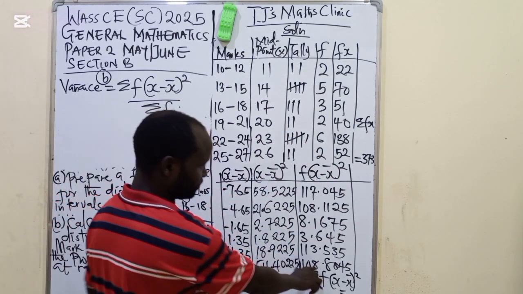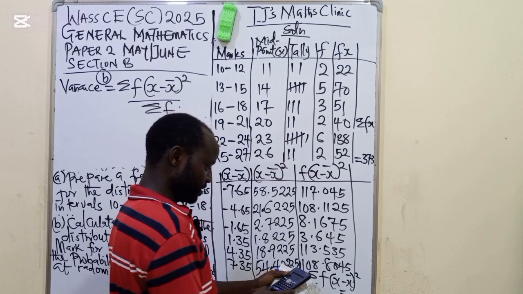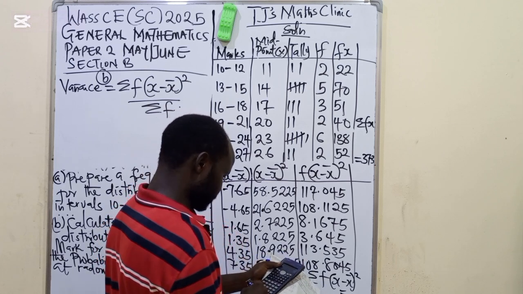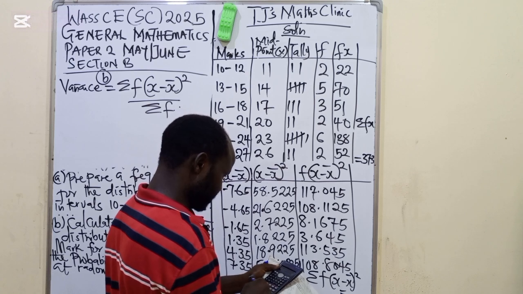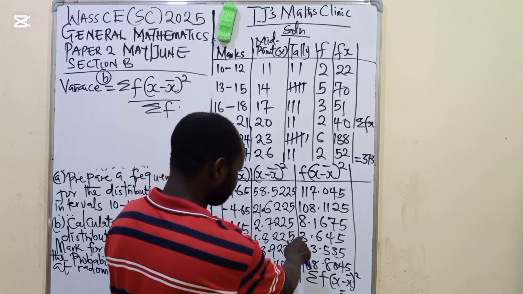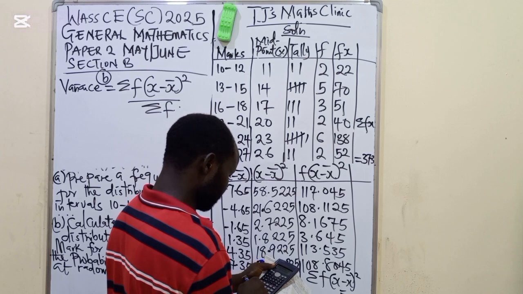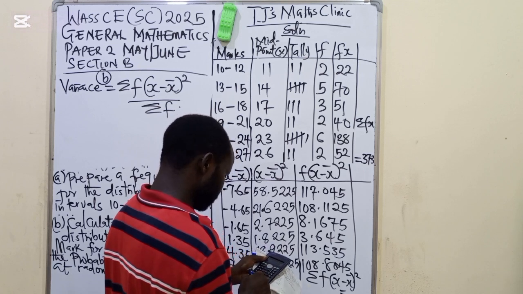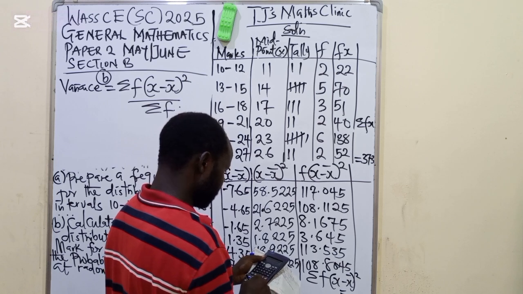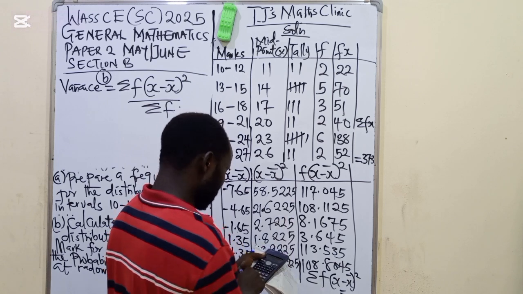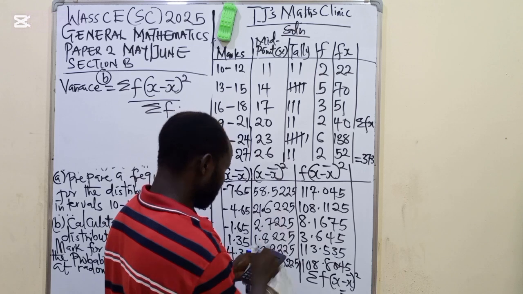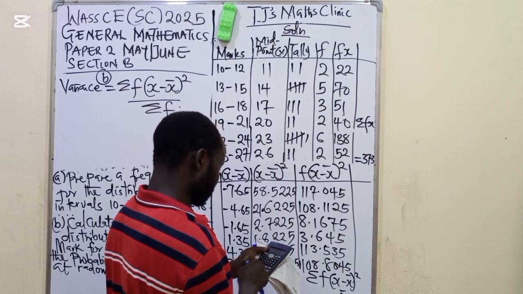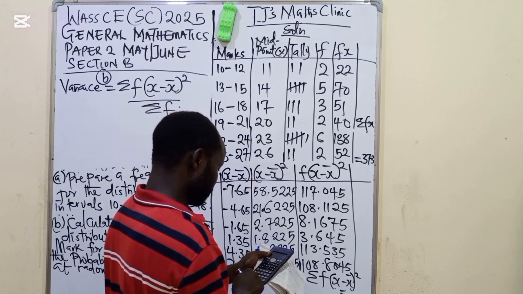Let me start from the bottom now, since I have it here. Then it will be plus 113.535 plus 3.645 plus 8.1675 plus 108.1125 plus the last one now, 117.045.